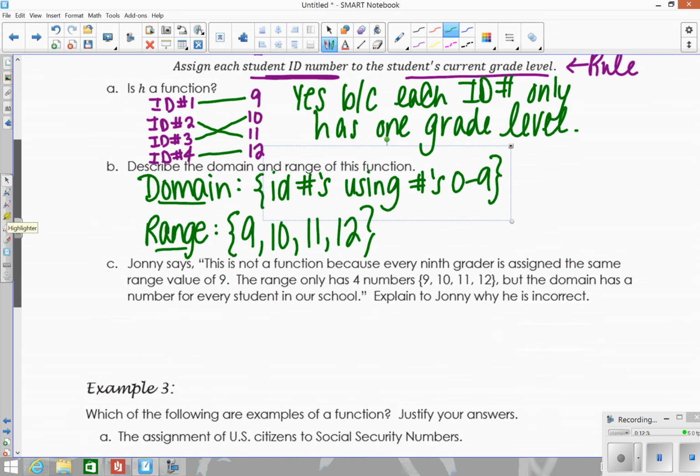And then let's look at part C here. So Johnny says that this is not a function because every 9th grader is assigned the same range value of 9. The range only has 4 numbers, 9, 10, 11, and 12, but the domain has a number for every student in our school. So we have multiple inputs here, but only 4 outputs. So he's saying this is not a function because we could have this scenario.